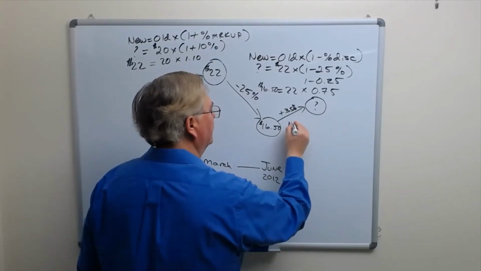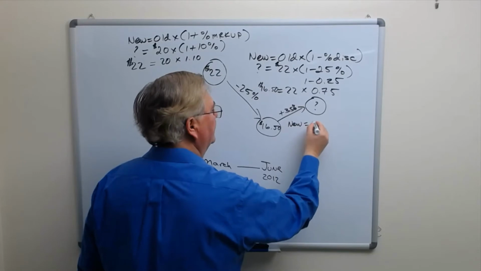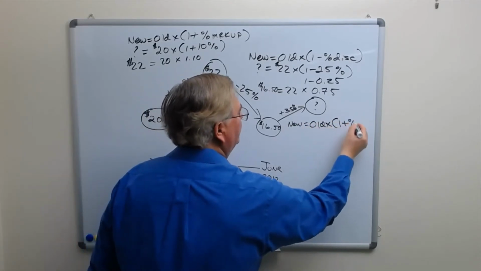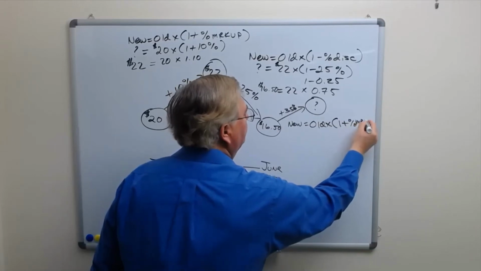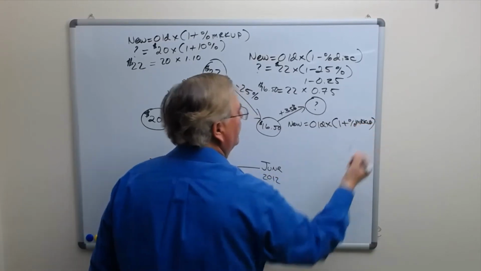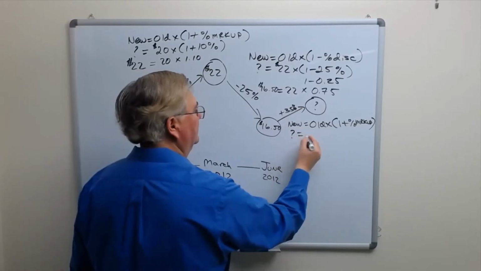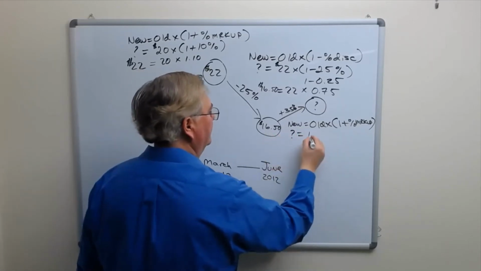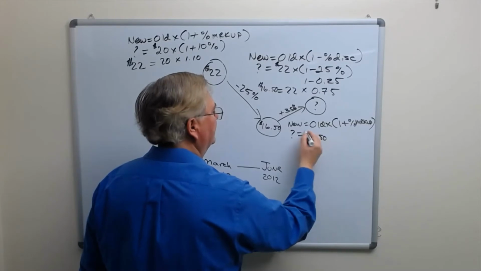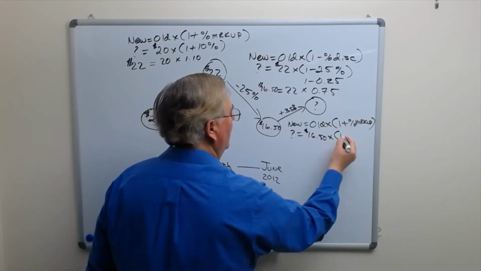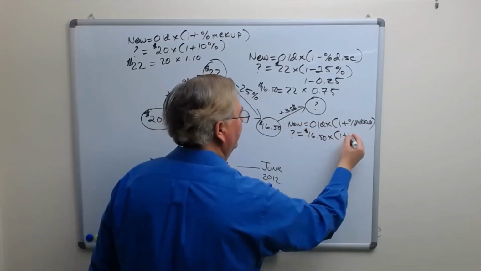So the new price is equal to the old price times 1 plus the percentage markup. Okay, so the new price is equal to the old price, $16.50 a share, multiplied by 1 plus 35%.